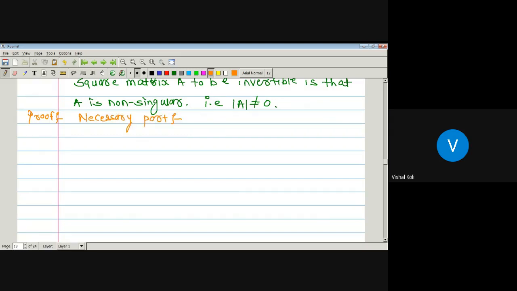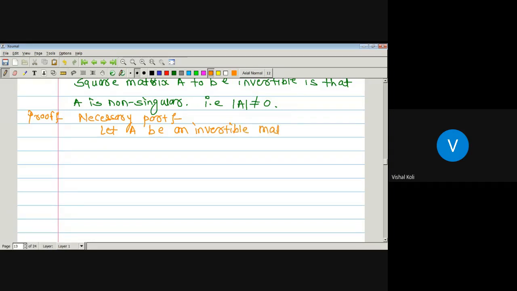In the necessary part, we will assume that A is an invertible matrix and we will prove its determinant is not equal to 0. So let capital A be an invertible matrix.